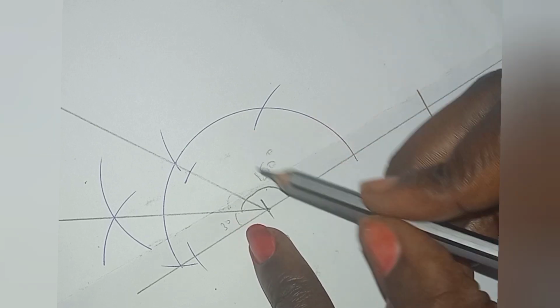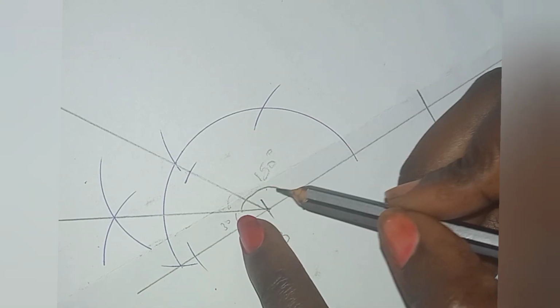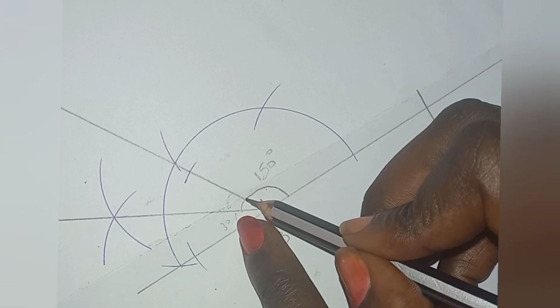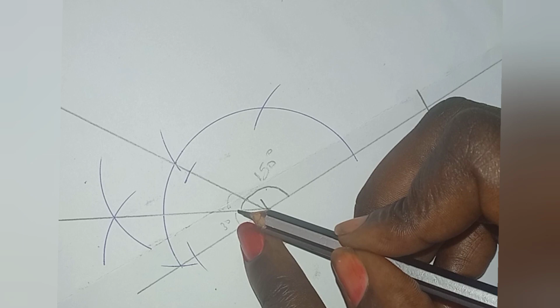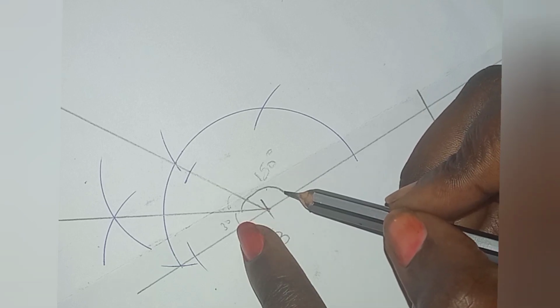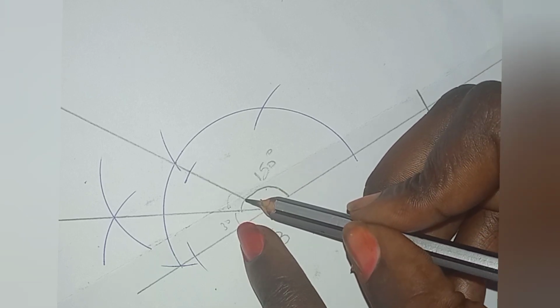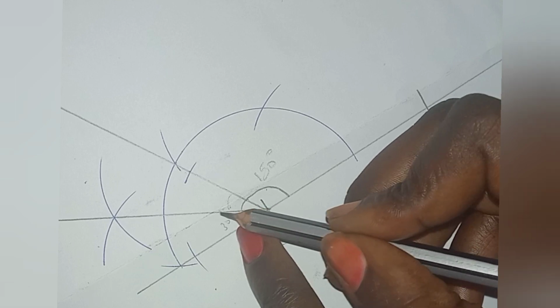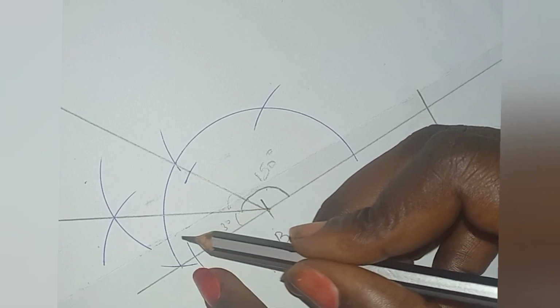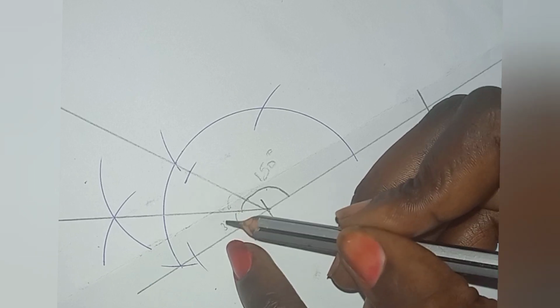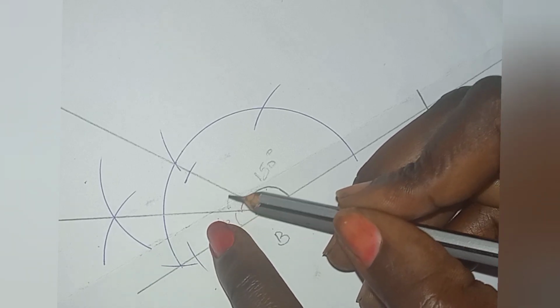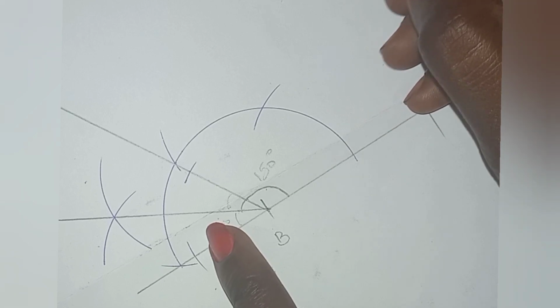And if you look at this one here, this one was 120 plus this 30, you got 150 up to here. So if you bisect this remaining 30 into 15, and you take this 15 and add it to this 150, you'll get 165.